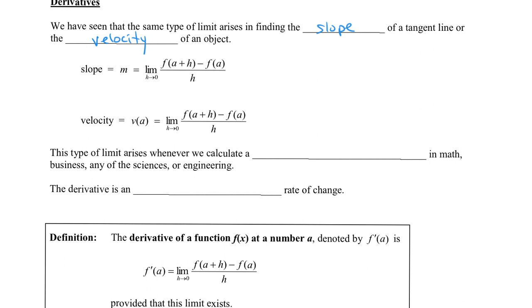We can see these are the same limits right here for the slope and the velocity. This type of limit arises whenever we calculate a rate of change. In math, business, any of the sciences, or engineering, the derivative is an instantaneous rate of change.